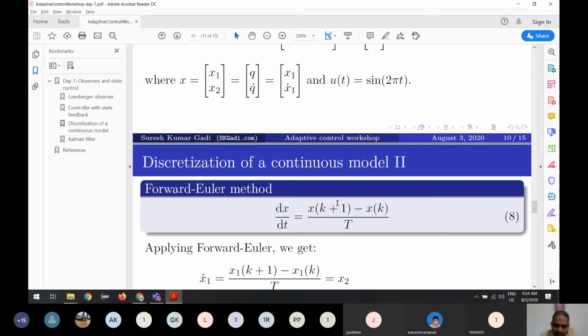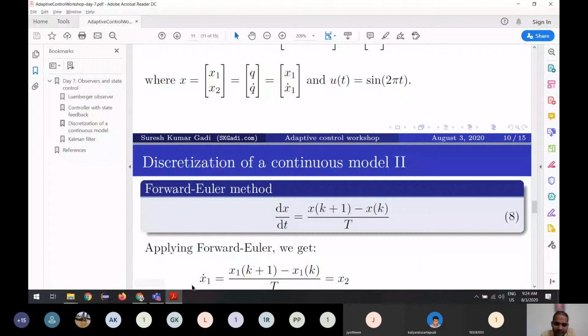So dx by dt is equal to x of k plus 1, the next one, minus x of k. The present one should be subtracted from the future one, divided by T. T is the time period, or sampling time, between two signals, two pieces of information that we receive.